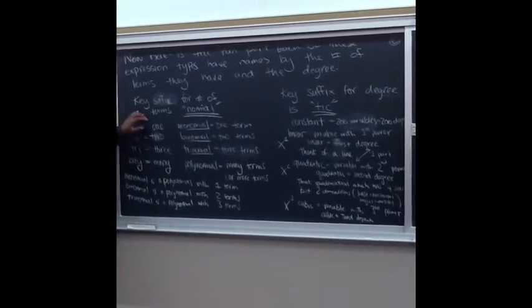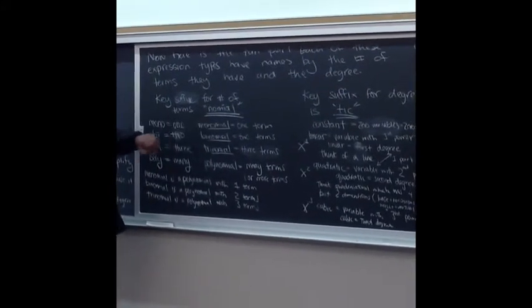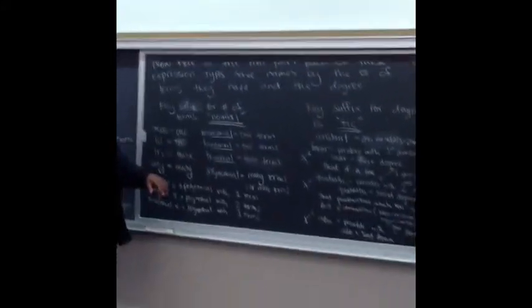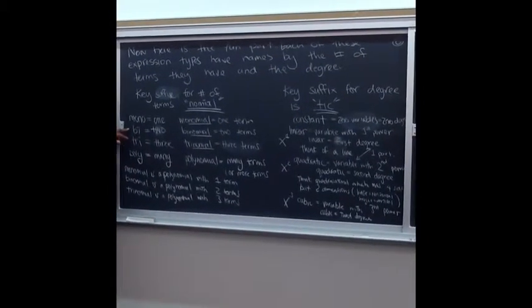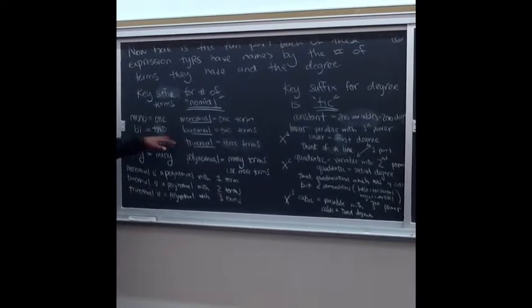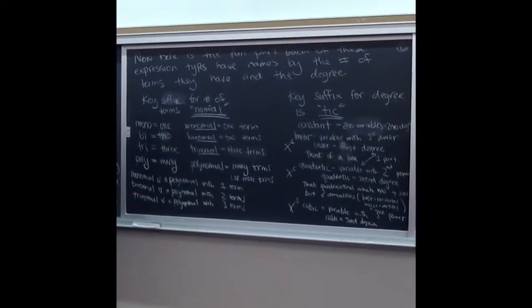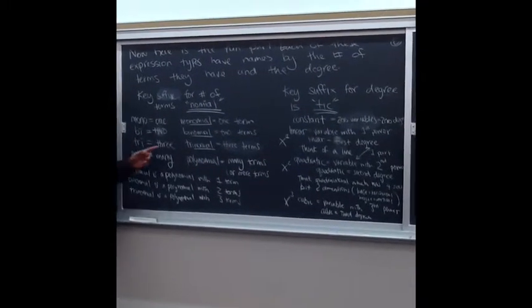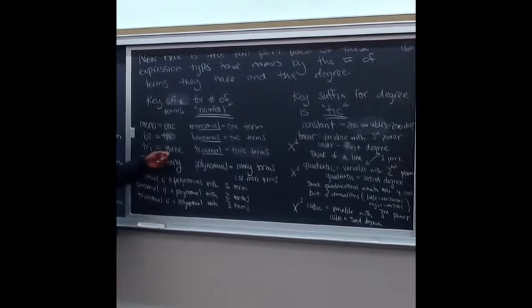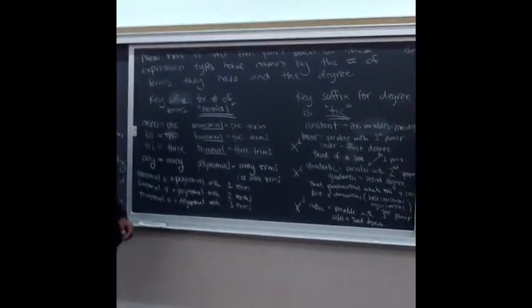So mono means one, and when we put mono together with nomial, we get a monomial, which is one term. Here we have bi, and bi means two, and when we put these together, we get binomial, and we see that binomial has two terms. Tri, like tricycle, which has three wheels, tri means three, and we get trinomial, which is three terms.